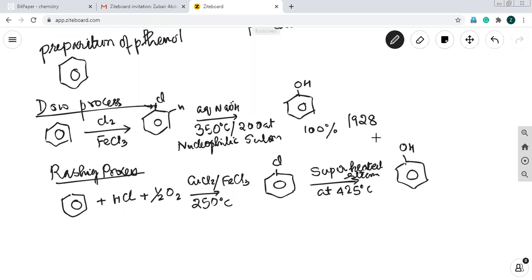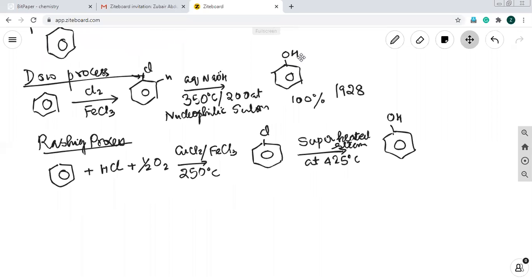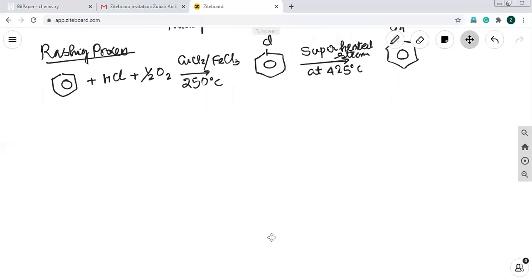Now let us look at the chemical properties of phenols. Acidity of phenols. Phenols are acidic. What is the meaning of that?